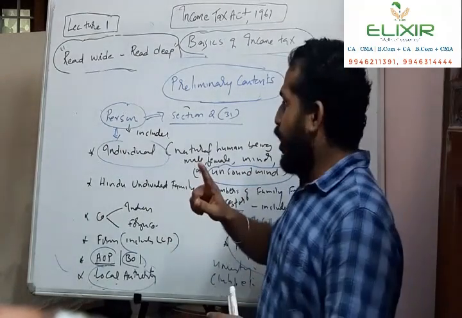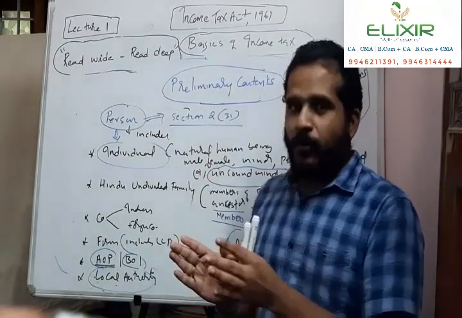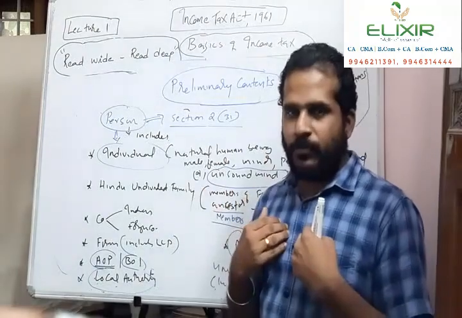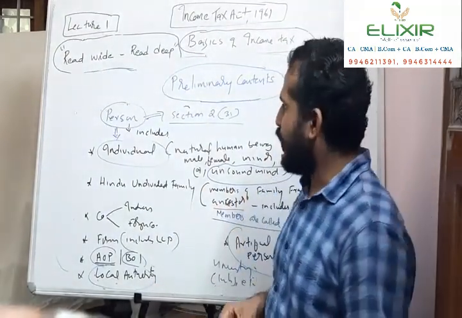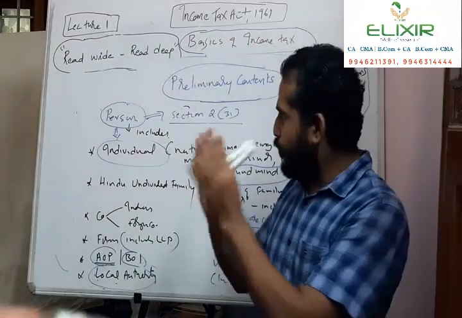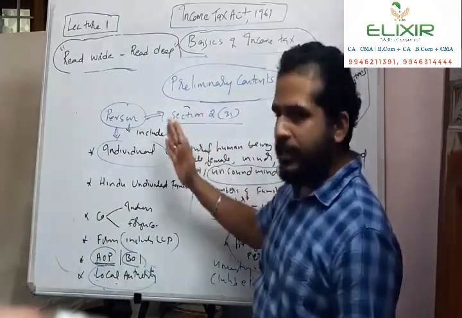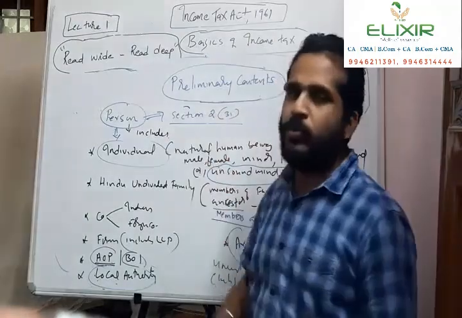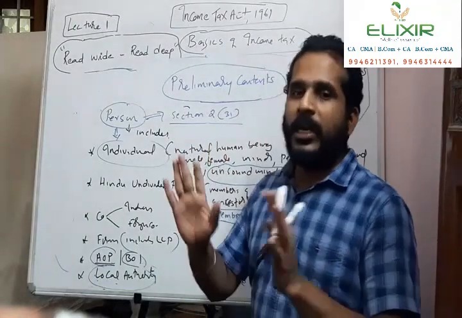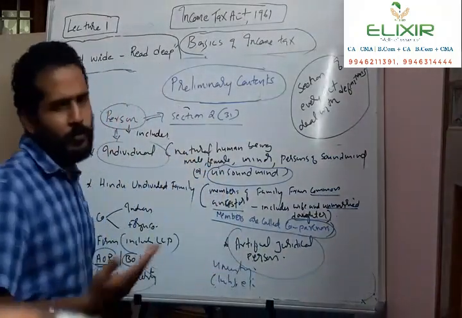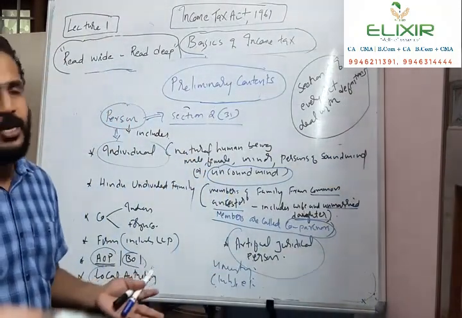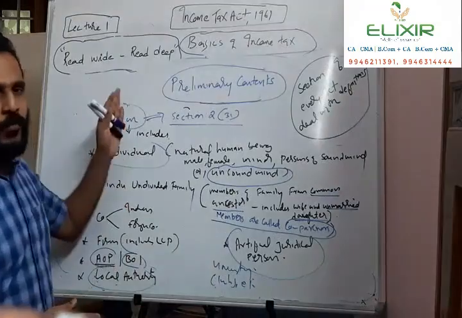When a person approaches us for income tax return filing, we categorize that person under section 2 subsection 31 of the Income Tax Act 1961, whether he is an individual, HUF, company, AOP, BOI, local authority, etc. So this is all about the concept of person.